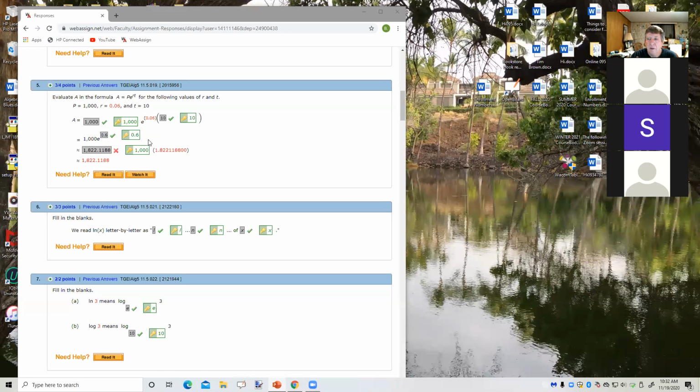From there, you could just punch that all into your calculator. But what they're doing is they're saying e to the 0.6 power is this big number here. So the 1,000 is what they wanted in this box down here. All righty, so you'd write 1,000 times, and then this red number in parentheses comes from e to the 0.6 power. That's what's going on there.